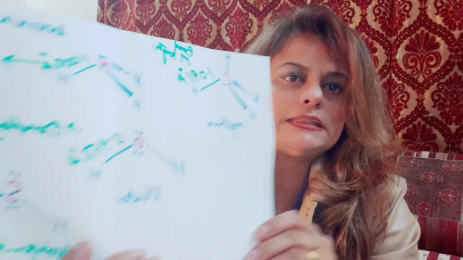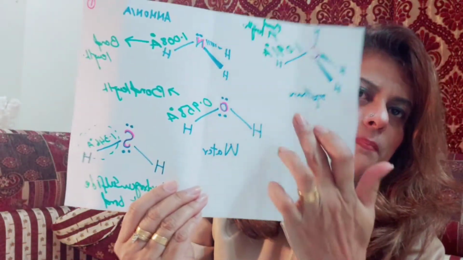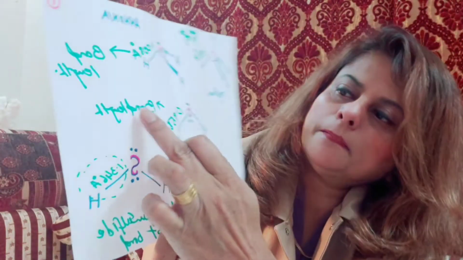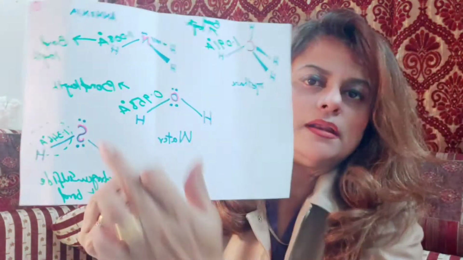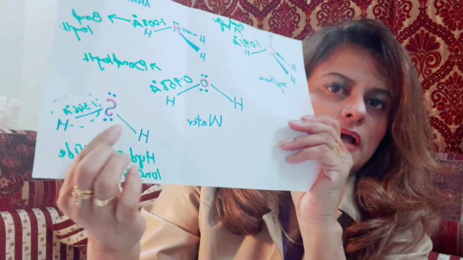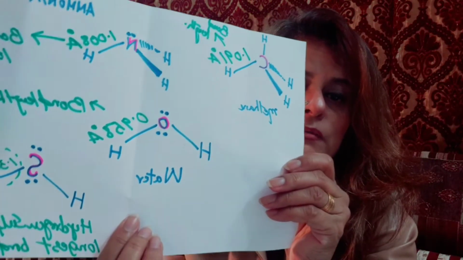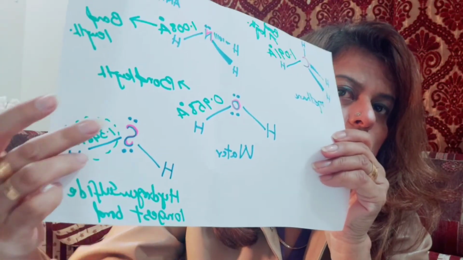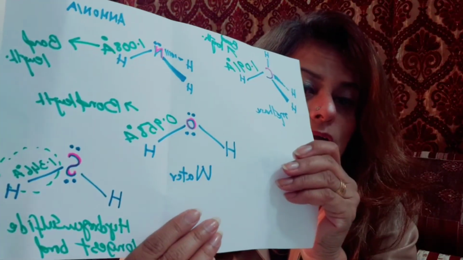I have drawn these molecules for you: methane, water, ammonia, and of course hydrogen sulfide. Here you can simply see that the rest of the bonds to hydrogen are not as long as the hydrogen sulfide bond. This one is the longest of all the bonds connected to hydrogen, right?